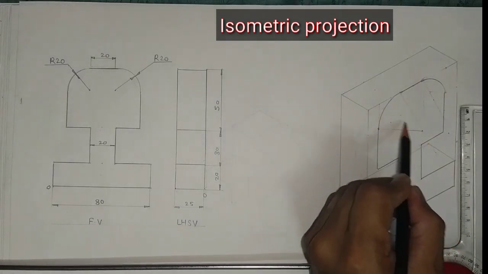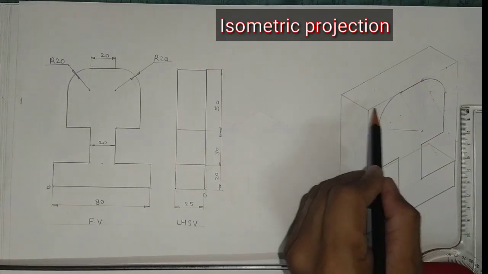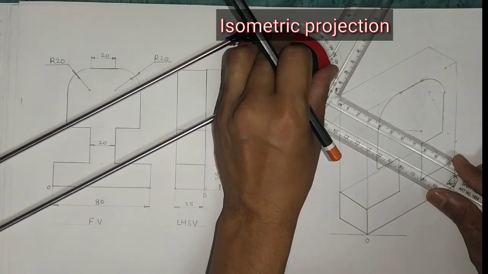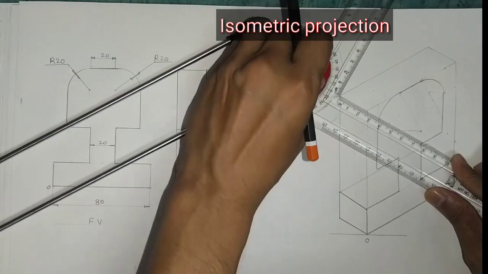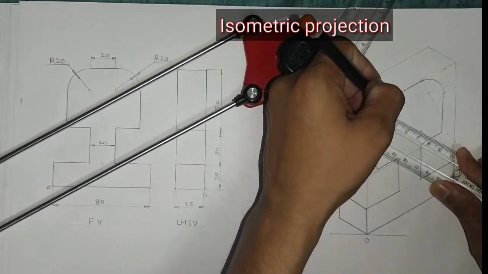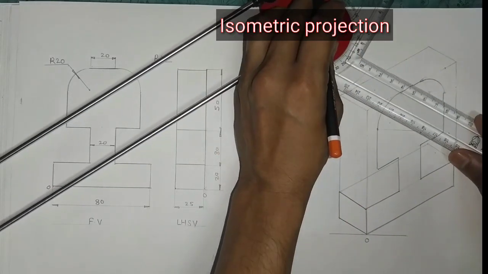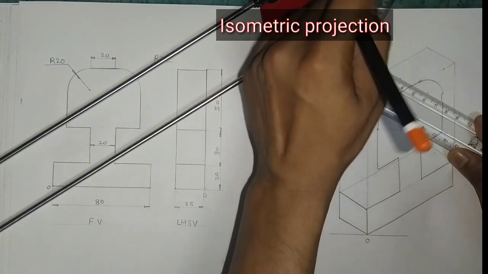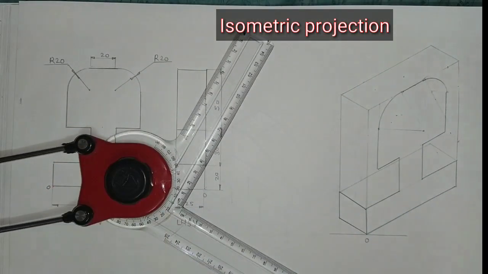Now transfer the center of size 25 mm from both and draw an arc.